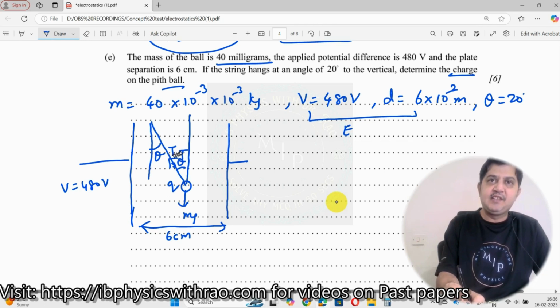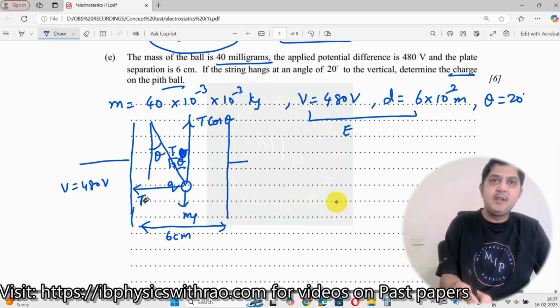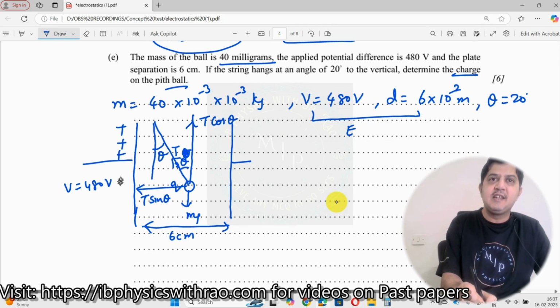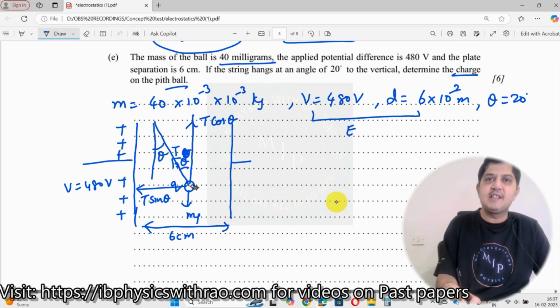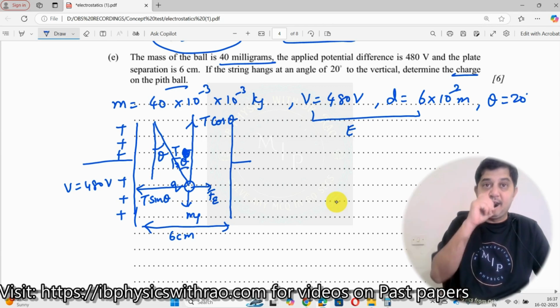Now, if this is tension T, then the component of T along this direction would be T cos theta, right? And the component of T along this direction should be T sin theta, right? And the electric force, because this is positively charged, and in the previous question I already told you that this will also be positively charged, so this is repelling this one, so a net force Fe acts like this over here.